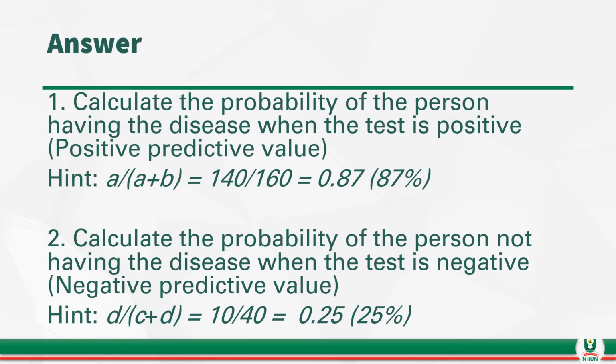And the probability of the person not having the disease when the test is negative, that's negative predictive value, will be true negative over false negative plus true negative, which is 10 over 10 plus 30, which is 10 over 40, and that translates to 0.25 and it's 25%.